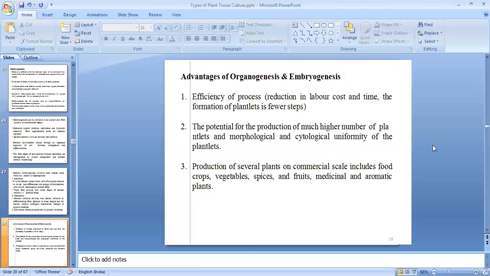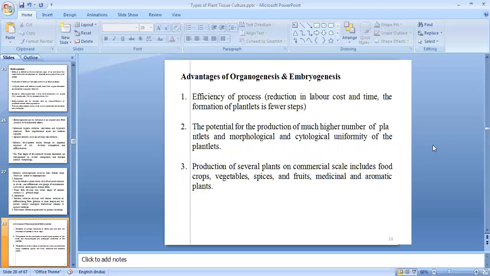Clear? And next we have to see about the advantages of organogenesis and embryogenesis. So what are the advantages? First one is the efficiency of the process. That means reduction in the labor cost, reduction in time, and formation of plantlets within fewer steps.